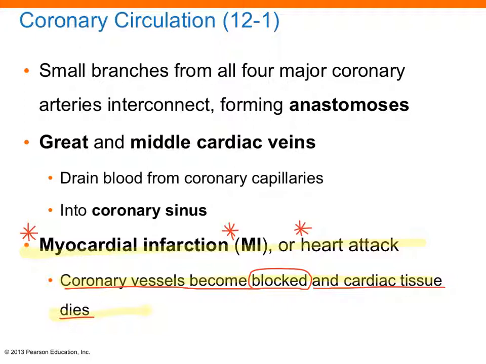Coronary circulation. When the coronary vessels become blocked, this is called a myocardial infarction, MI, or heart attack. This is when the coronary vessels become blocked and the cardiac tissue has a chance of dying or does die.